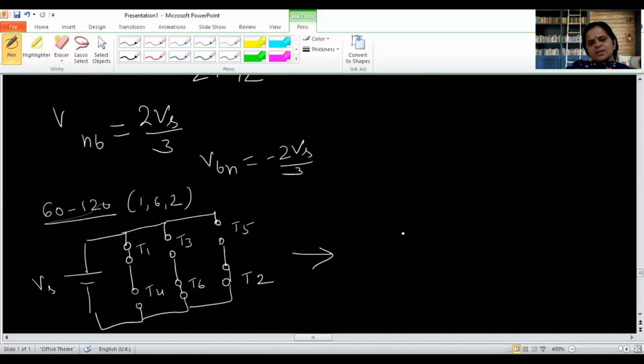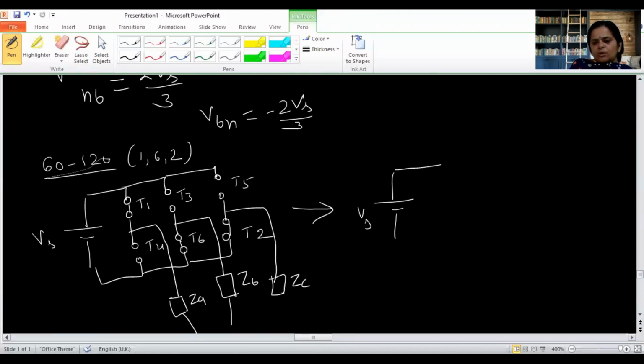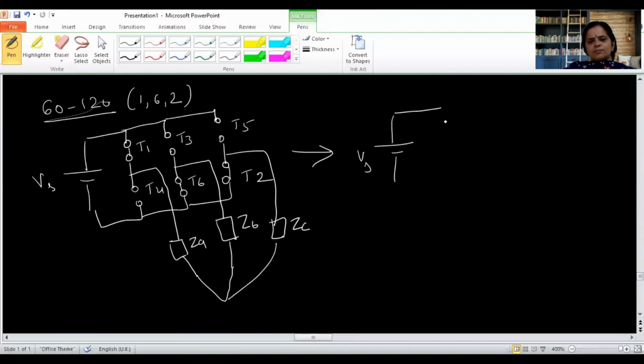So when I make the equivalent circuit, that is Vs, and this is connected to ZA, this is connected to ZB and this is connected to ZC, and we know all these three are connected in star. If I redraw this diagram, through one short circuit the ZA is connected, this is A. You can see now that 6 and 2 are short circuited, so ZB and ZC with these two short circuits are connected to the negative of the supply.